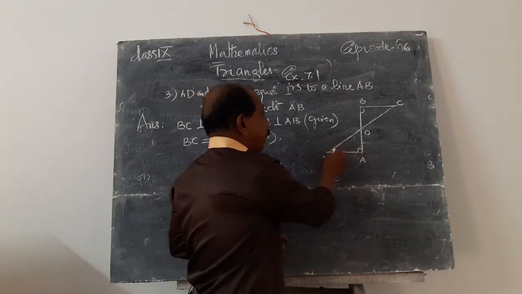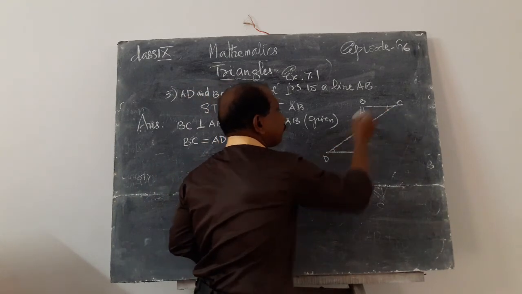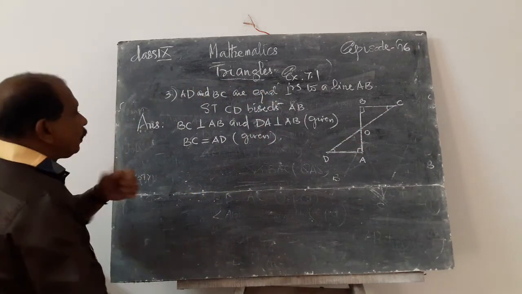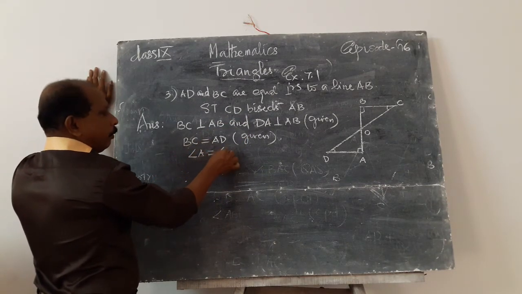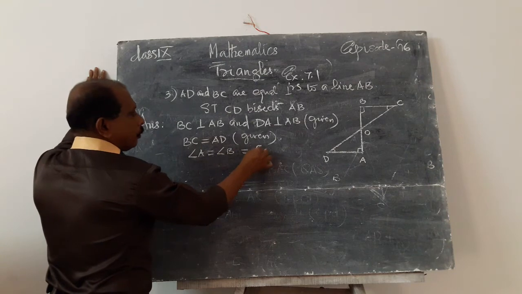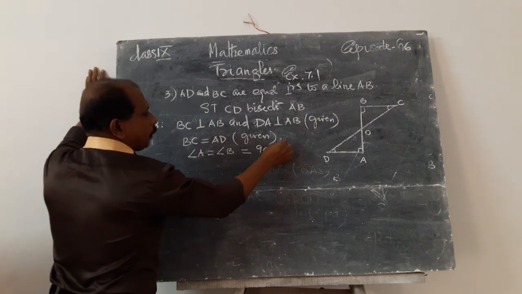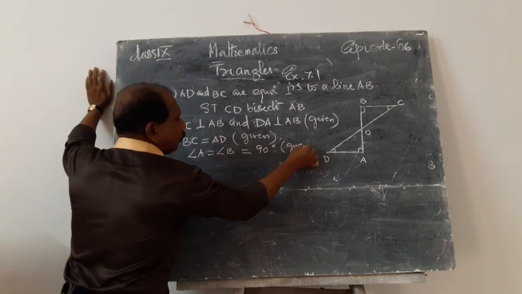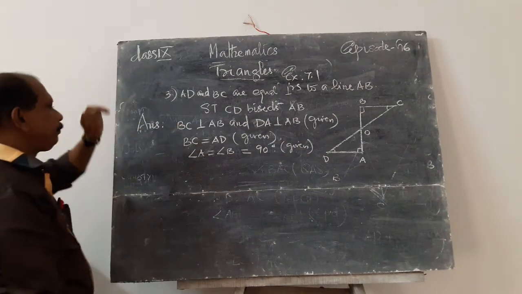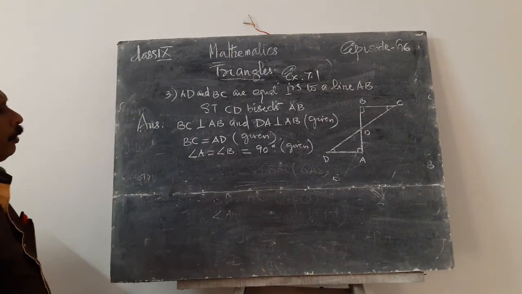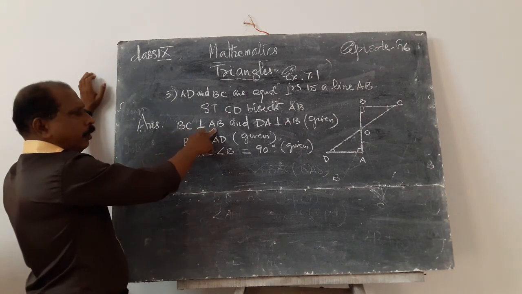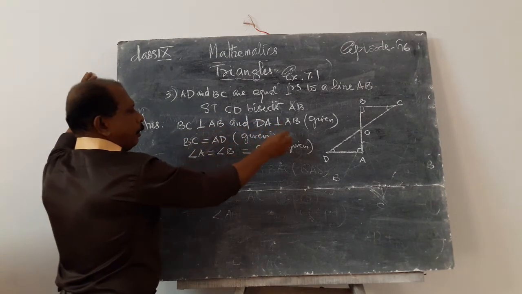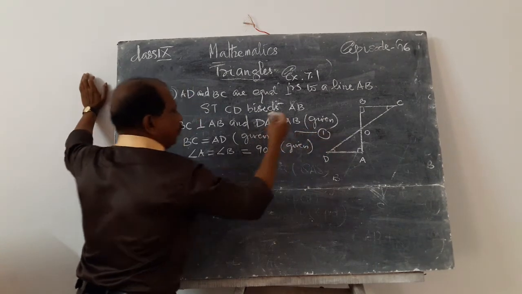Therefore, these are alternate angles. That means angle A is equal to angle B, equal to 90 degrees. That is also given. BC is perpendicular to AB and DA is perpendicular to AB. That is equation number 1.